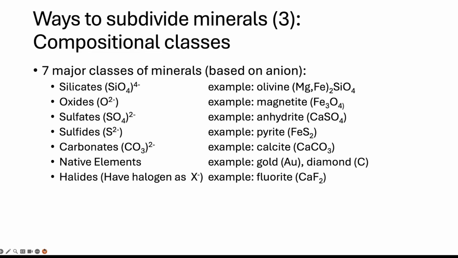We'll talk a lot about those things, especially when we get into the high Eh environments. Sulfates, those will be talked about a lot, and sulfides will be talked about a lot, right? And there we're looking at a sort of an Eh sequence from oxides, high Eh, to sulfides, low Eh.